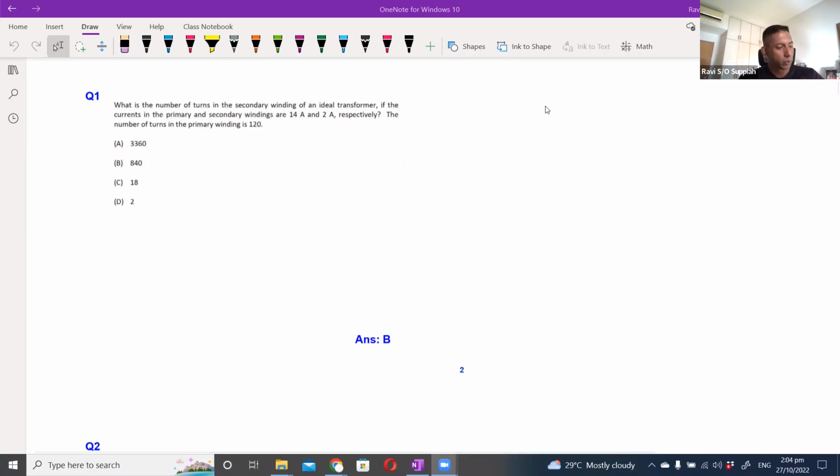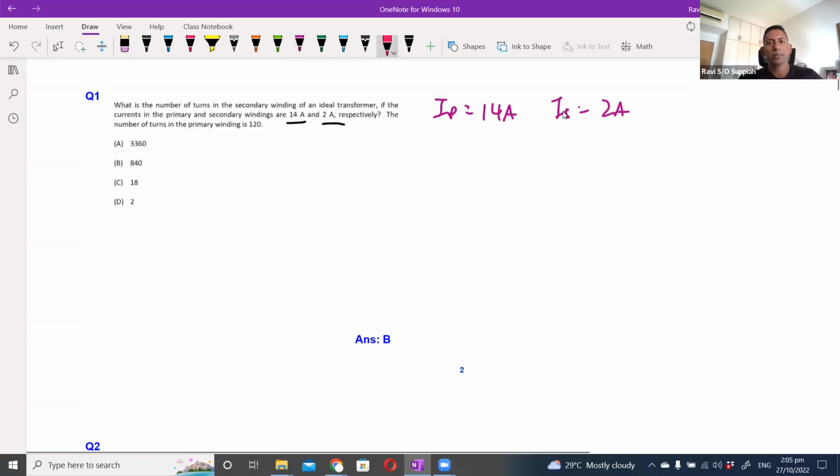The first few questions are on transformers and the diode bridge rectifier. The first question is about a transformer where we are given the currents in the primary and secondary. IP is 14 ampere and IS is 2 ampere.